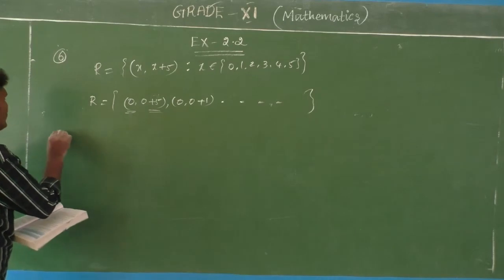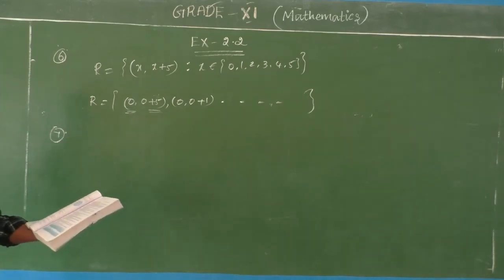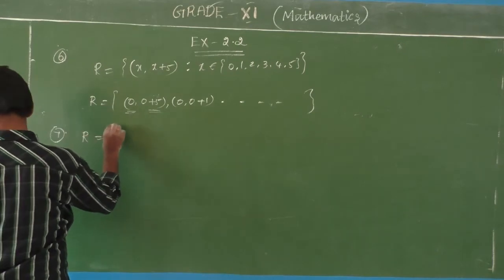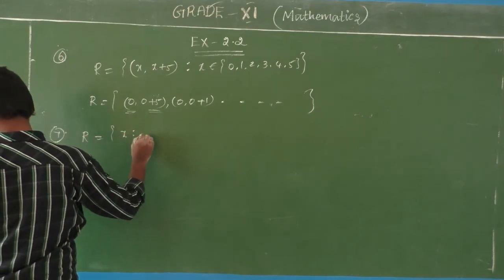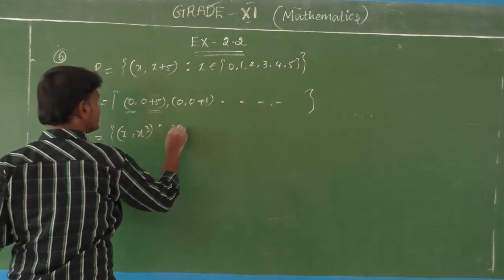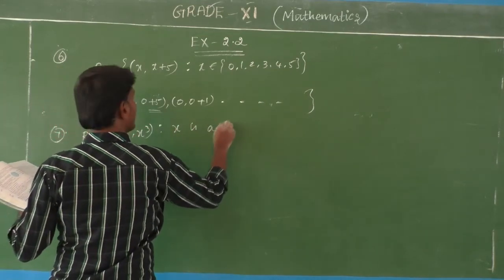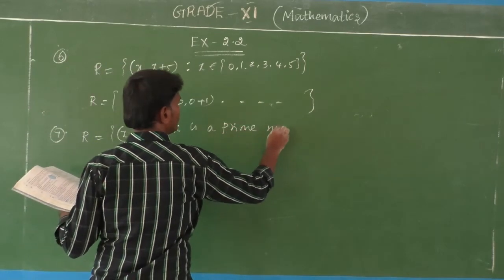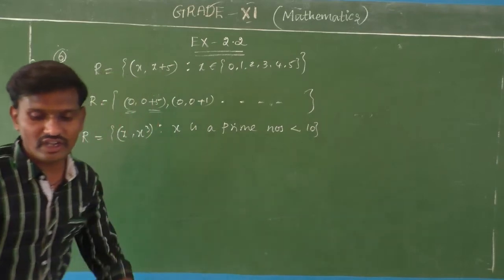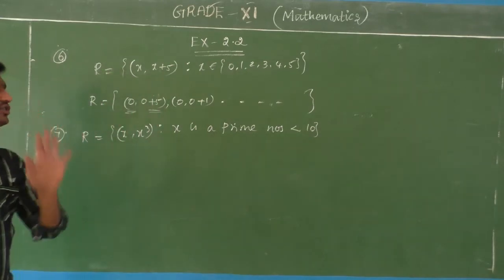Then the seventh question. Write the relation R equal to {(x, x cube): x is a prime number less than 10} in roster form. How?